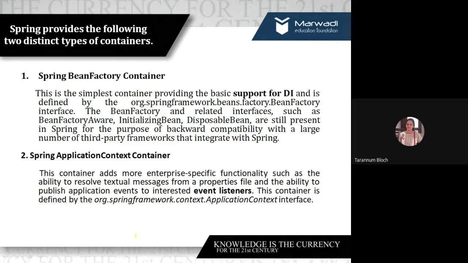Fine. The second container is the Spring application context container. This is adding the enterprise specific functionality. When I say enterprise specific functionality, we are talking about the entire application context. Context is the boundary or the capability of a project. When I say context, we have to be clear what your application can do and what it cannot do.